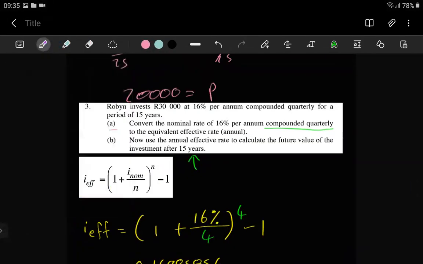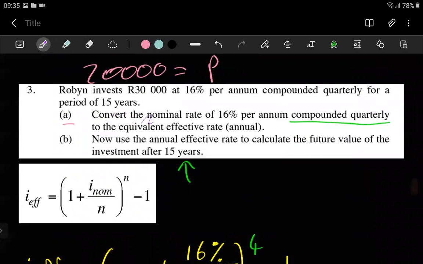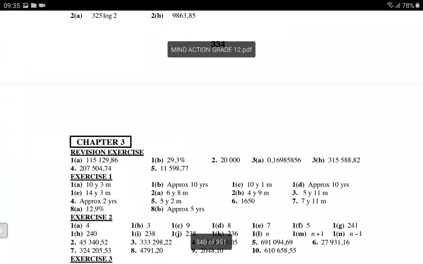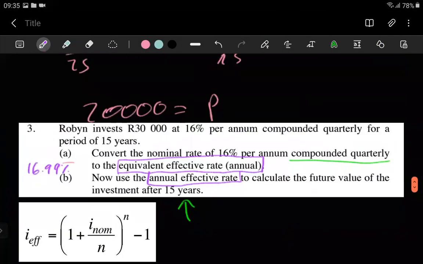The one thing that's clearly certain here is that if you look at the question nicely, the previous question says convert the nominal rate of 16% per annum compounded quarterly to the equivalent effective rate. Then they said, now use the annual effective rate, meaning 16.99 is what we're supposed to use to calculate the future value of the investment over 15 years. It's not uncommon for books to have weird answers at the back, so this one is definitely one of those. This question is more direct than we could even anticipate.